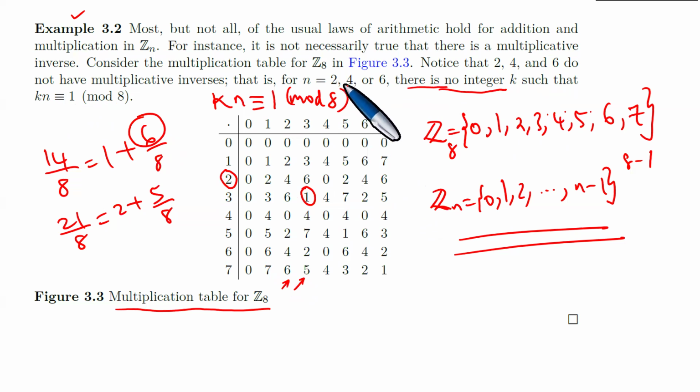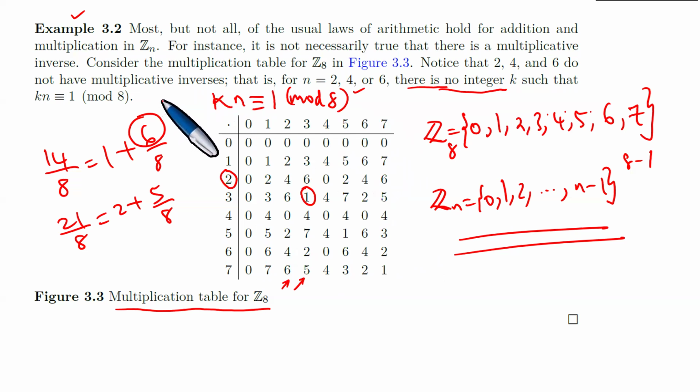But the examiner just spoke about 2, and also 4. Because 4, we multiply all of them, like 4 by 0, 4 by 1, 4 by 2, 4 by 3, and 4 by 7, but we do not get a 1. And therefore, it means that 4 has no multiplicative inverse, right?